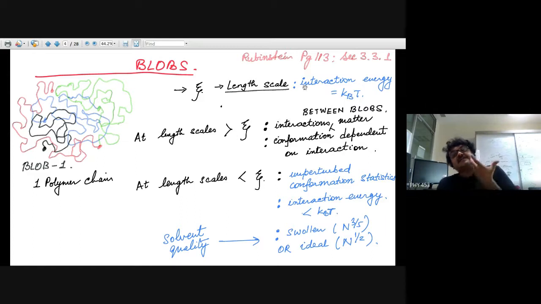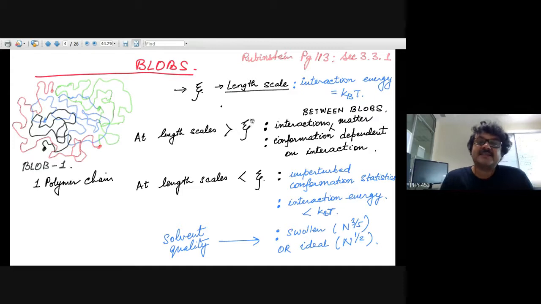Zeta is that length scale, along the contour, where the chain would have rearranged in itself, and the average interaction between the monomers which constitute a blob and another set of monomers which constitute a neighboring blob is of order kBT. So that's the idea.